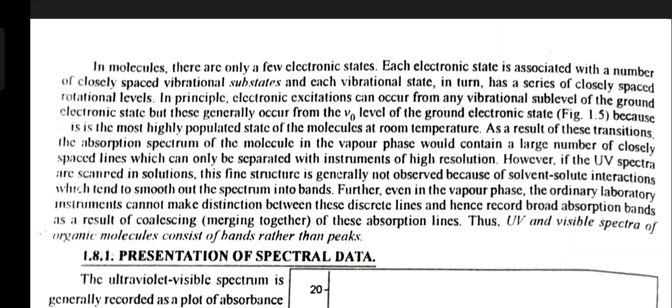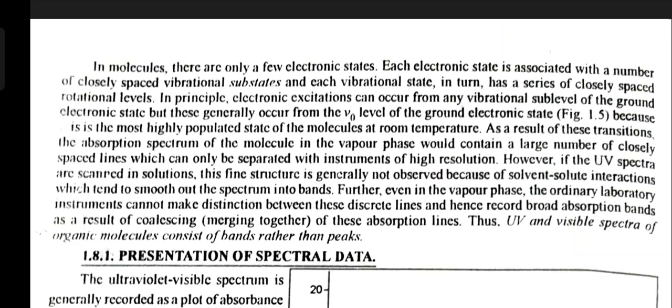In principle, electronic excitation can occur from any vibrational sublevel of the ground electronic state, but these generally occur from the v0 level of the ground electronic state because it is the most highly populated state of the molecules at room temperature. As a result of these transitions, the absorption spectrum of the molecule in the vapor phase would contain a large number of closely spaced lines which can only be separated with instruments of high resolution.